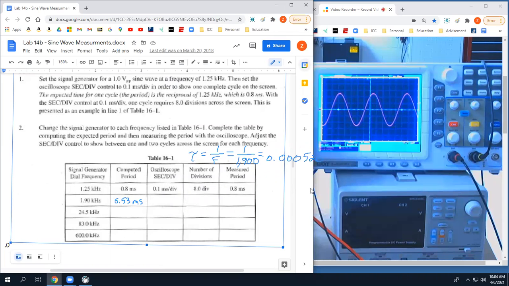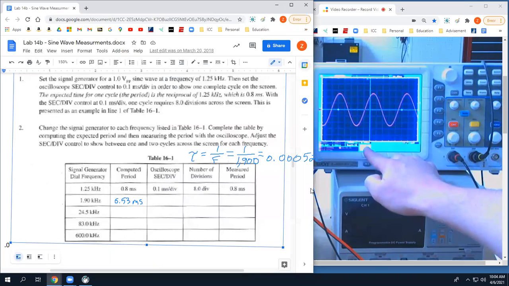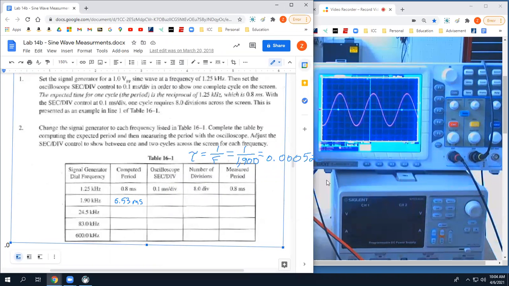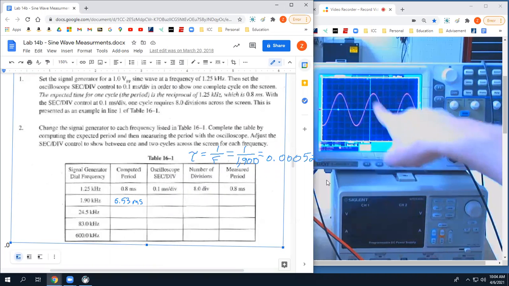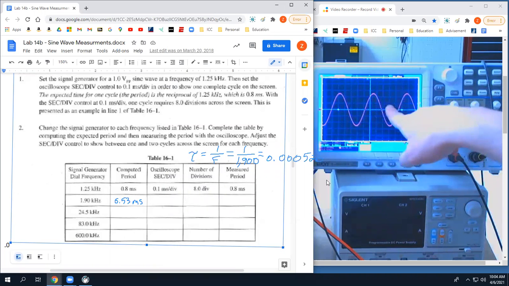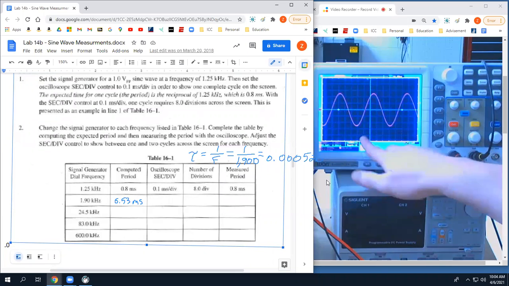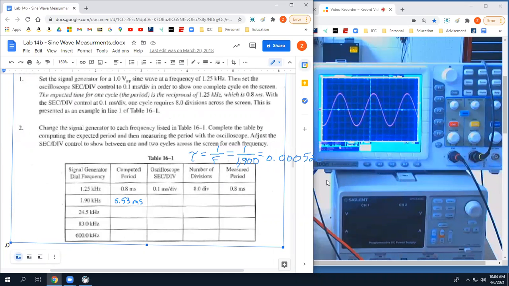So on my oscilloscope, I'm still set at 100 microseconds per division, which is the same as 0.1 milliseconds per division, right? And with the sine wave, exactly how it sits, can I still count the number of divisions? Yeah. If it looked like that, I would have to adjust it, right?